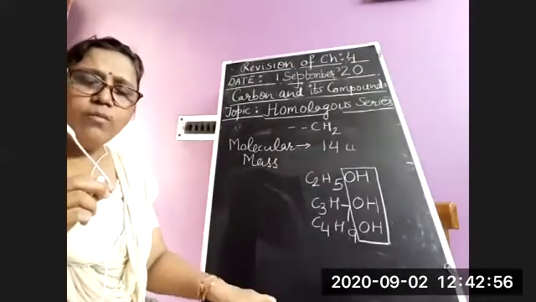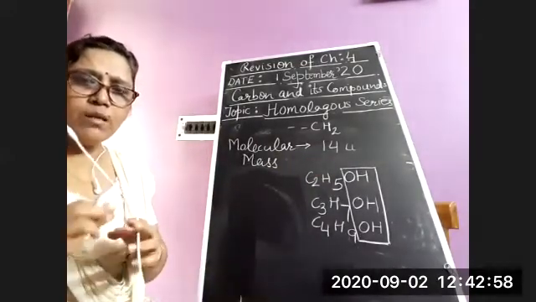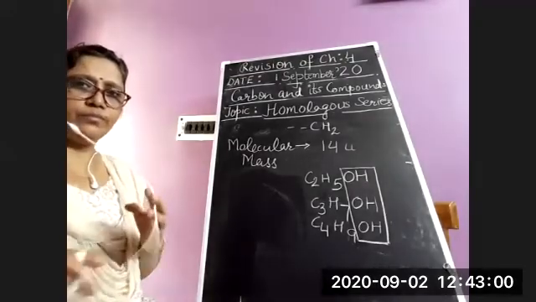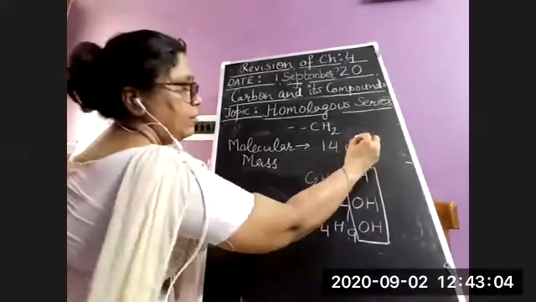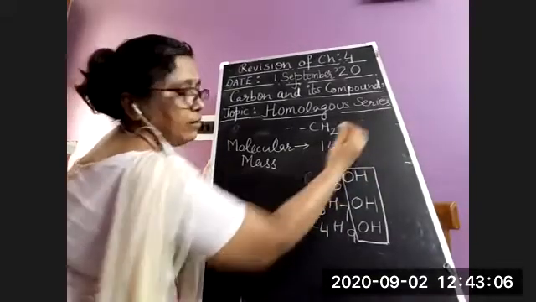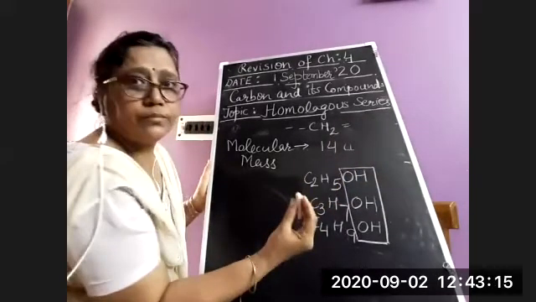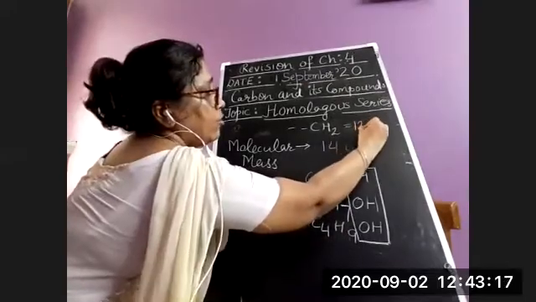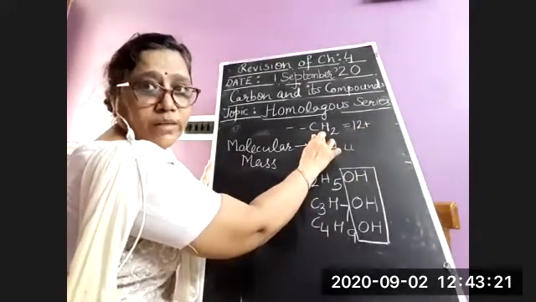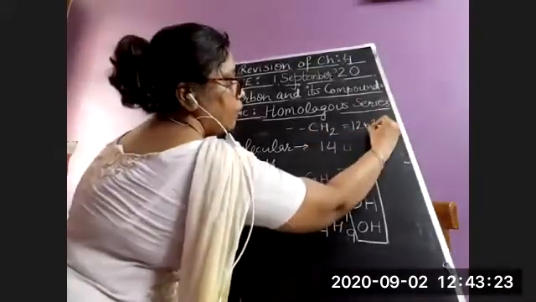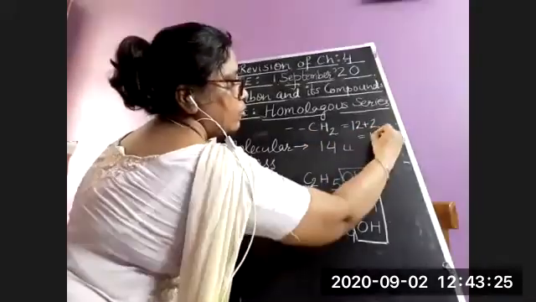Why is it so? Satyam, what is the atomic mass of carbon? 12U it is. And what is the mass of hydrogen? 1 into 2, so it will be 2U. So obviously this will come out to be 14U.